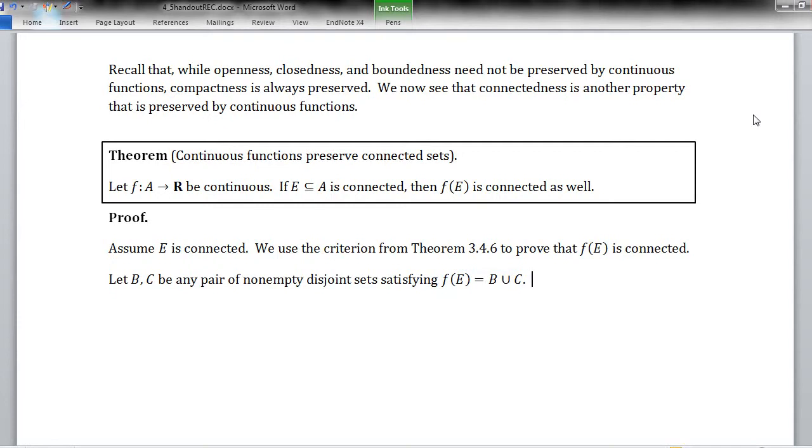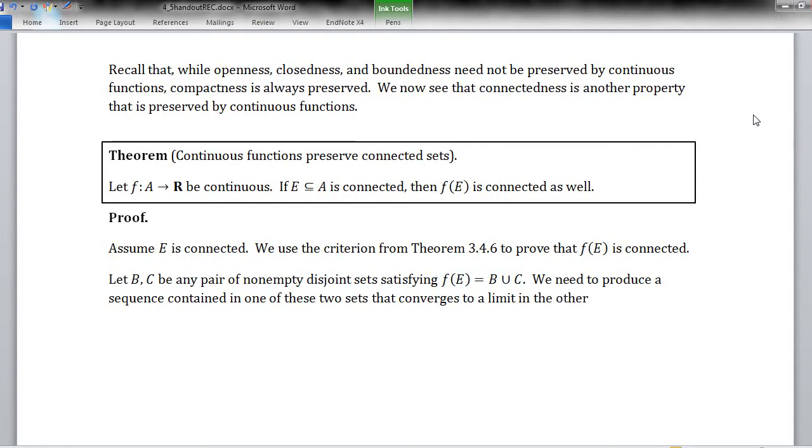Now in order to use the criterion, we're going to need to produce a sequence contained in one of these two sets, B and C, that converges to a limit in the other set.